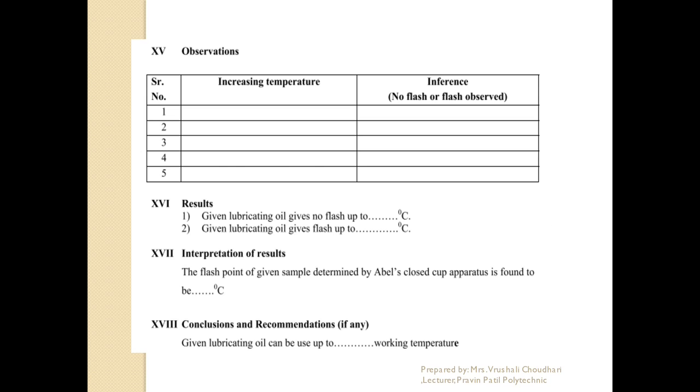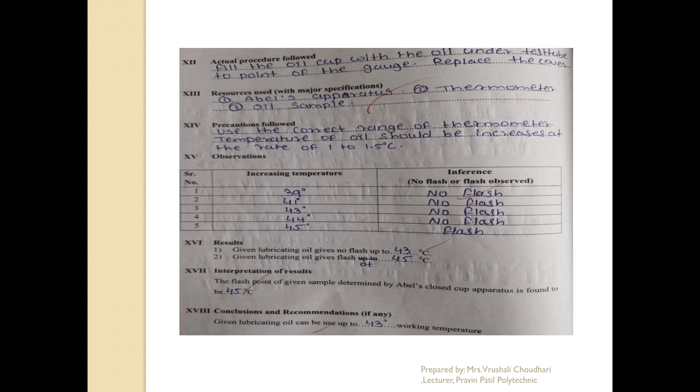In the result, we are going to state that the given lubricating oil gives no flash up to a particular temperature, and it gives a flash after that temperature. Interpretation is to determine at what temperature we can use this oil, the working temperature of the oil. Here we already performed this experiment.